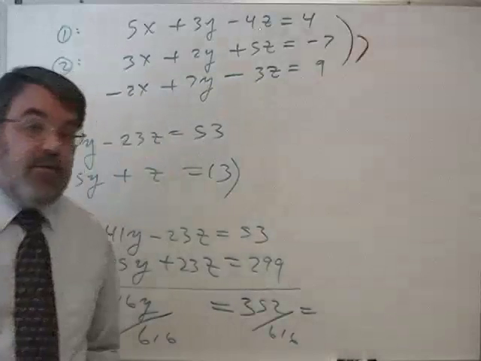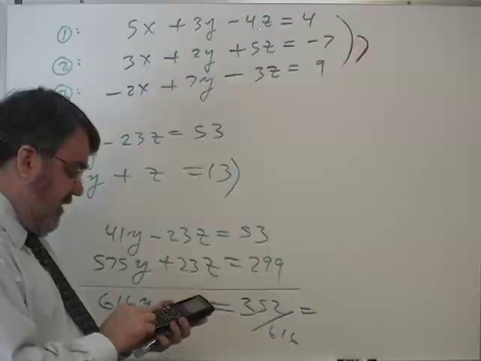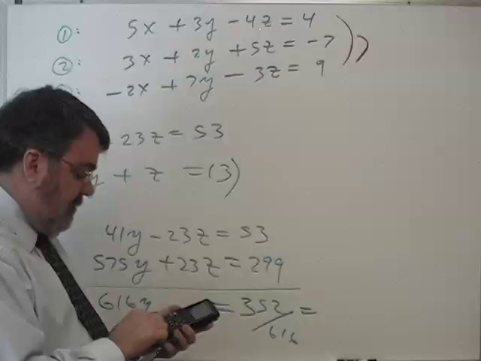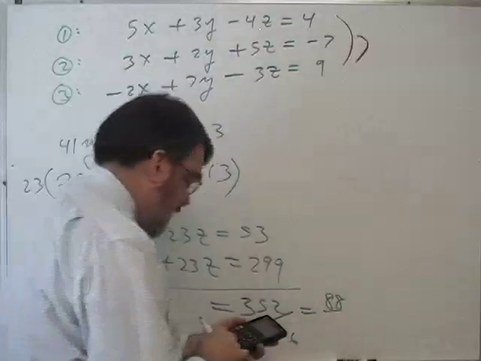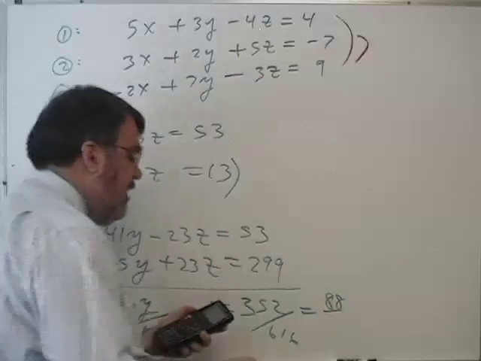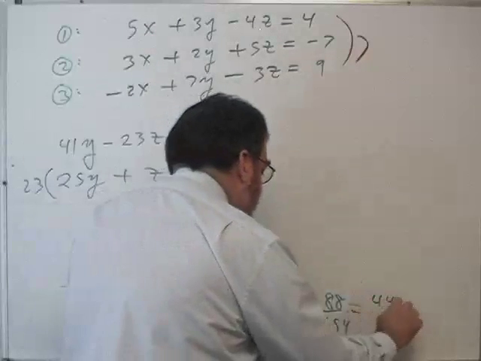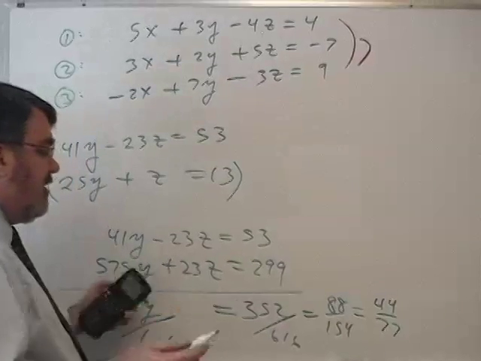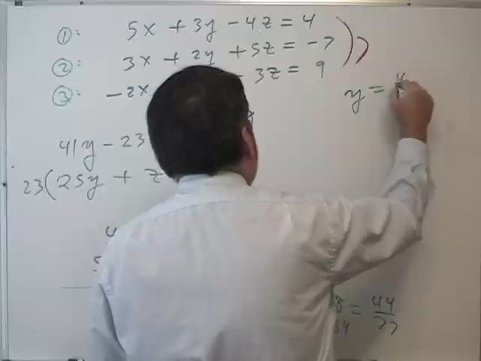Maybe looks like we can reduce this somewhat though. 352 over 616. Let's see, 352 divided by 4 is 88. 616 divided by 4 is 154. Let's see, that would be 44 over 77. Divide by 11, I get 4/7. So y equals 4/7.